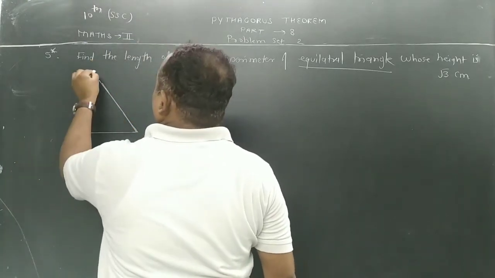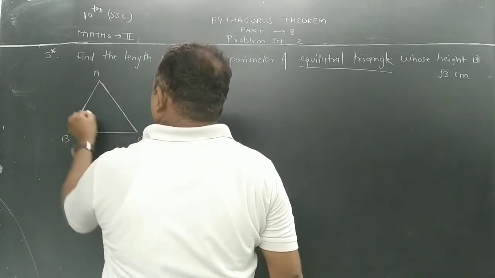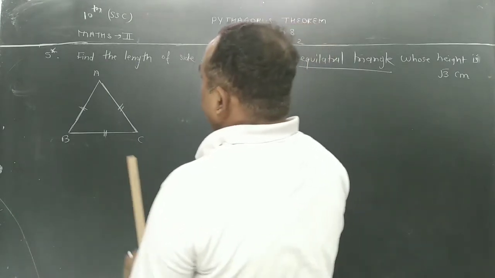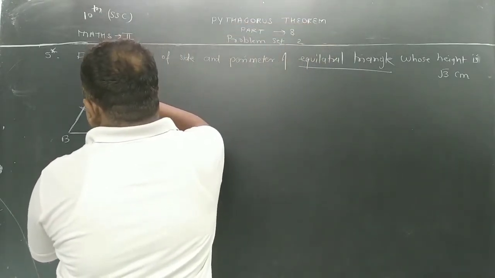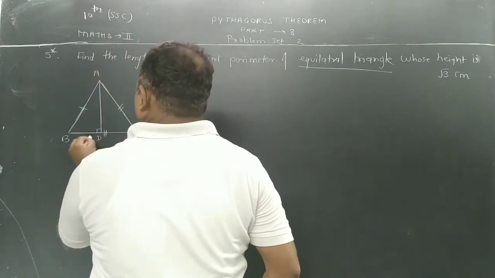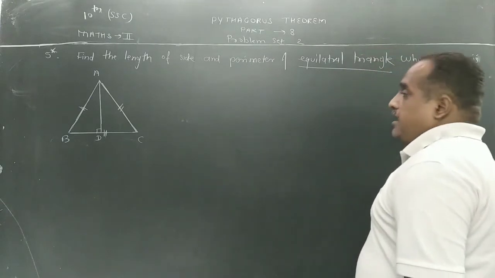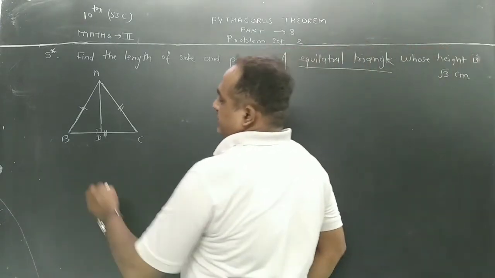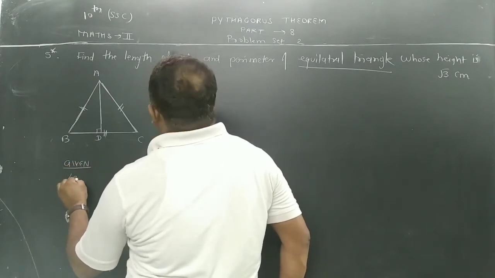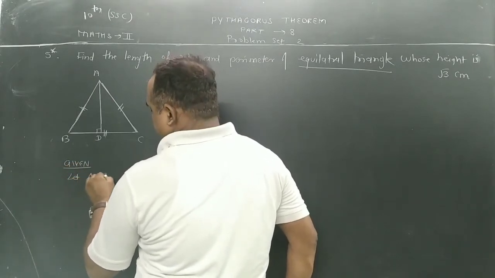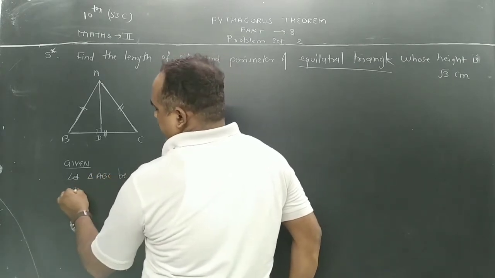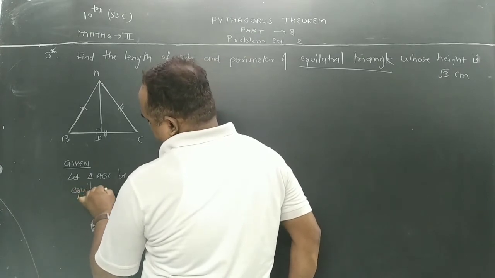This is an equilateral triangle, say ABC. All sides are congruent, and whose height we are going to draw from vertex to the opposite side, that is AD. Given: let triangle ABC be an equilateral triangle.